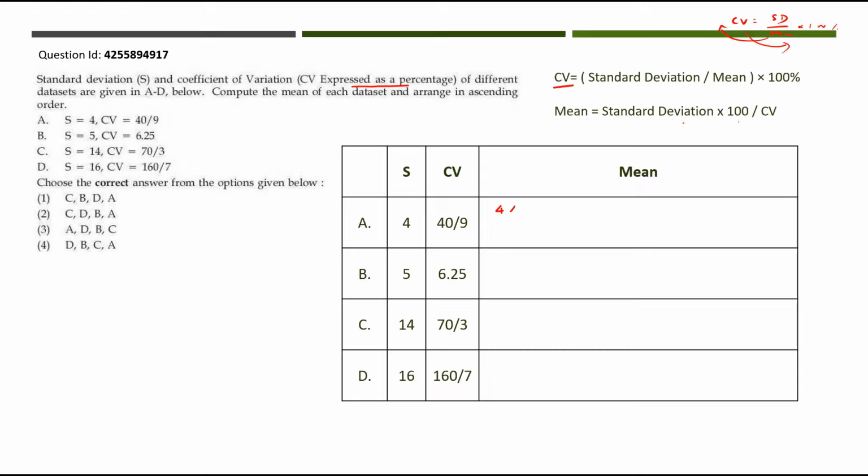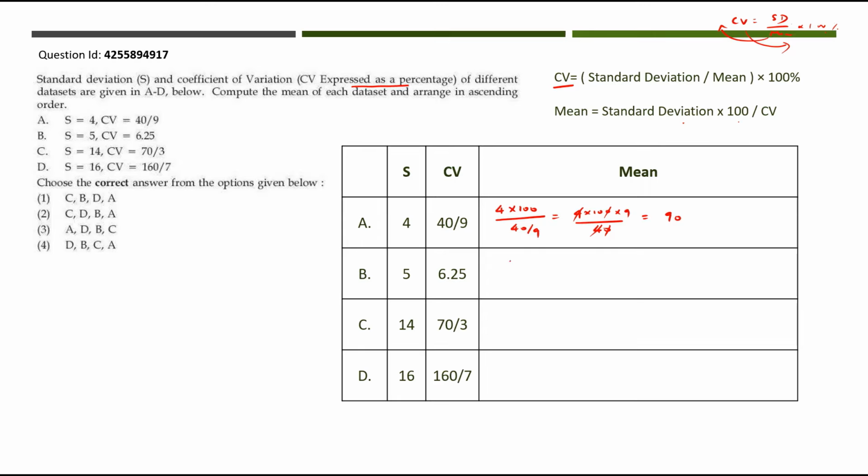So standard deviation 4 into 100 divided by coefficient of variation. The denominator of the denominator will move to the numerator. So 4 into 100 into 9 divided by 40. So 10 will get cancelled, 4 and 4 will get cancelled, 10 into 9 will give a value of 90.